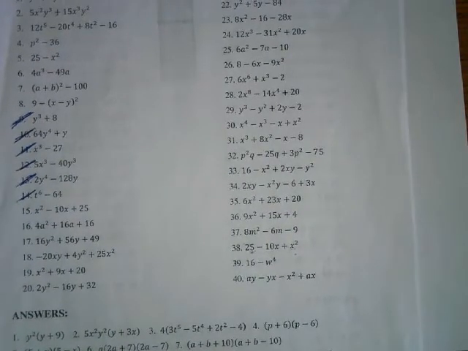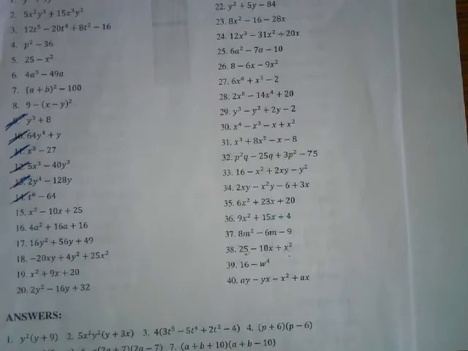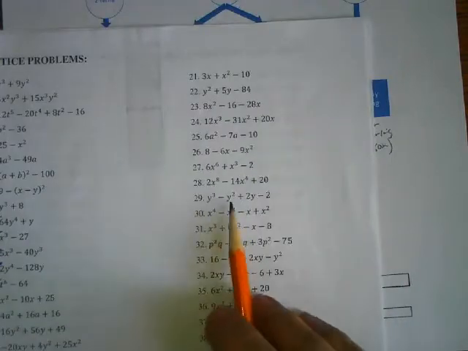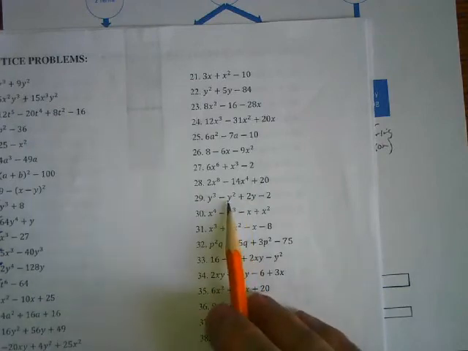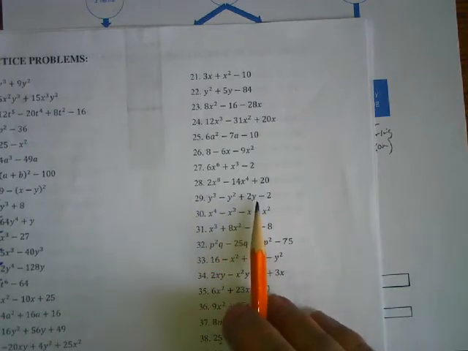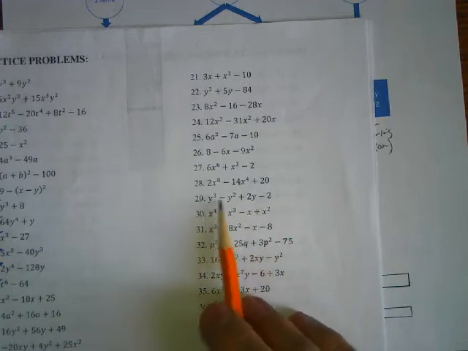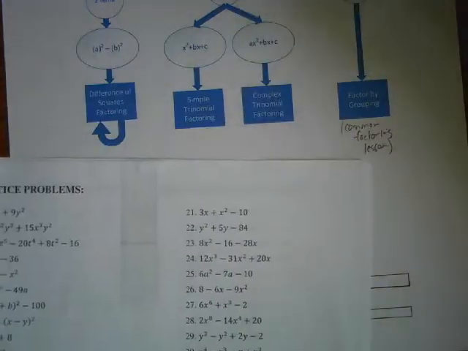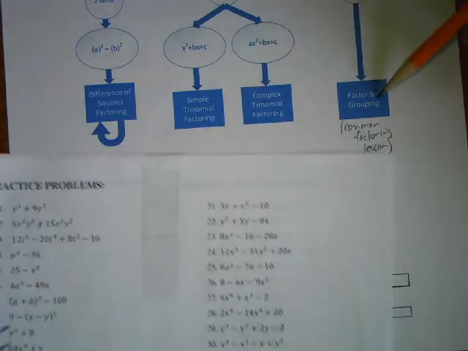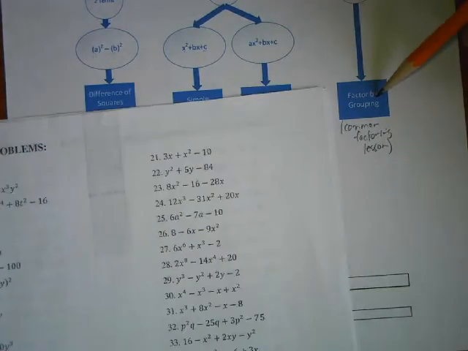And you'll see lots of questions, like for example, 4 terms here. Again, you're always going to try common factoring first, and in this case there is no common factor, so you jump down to 4 terms, and then you're going to do factor by grouping and go from there.